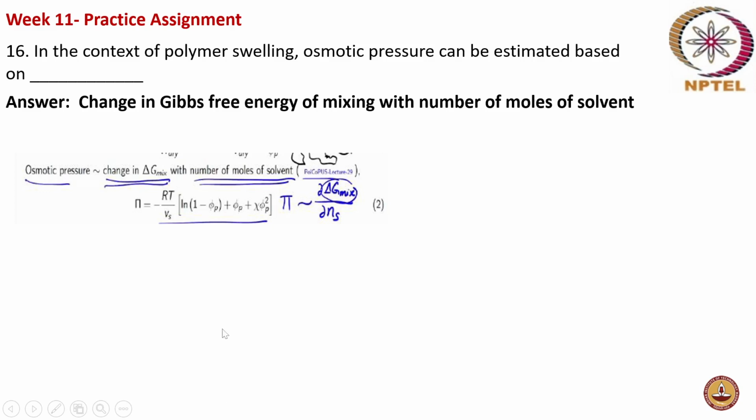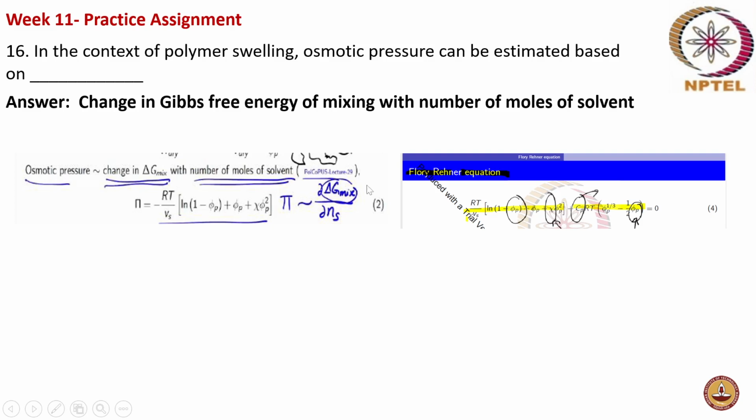So the osmotic pressure is given by the change in delta G of mixing with number of moles. This is based on the Flory-Huggins theory. So pi is a function of dou delta G mix by dou n s. This is the expression for that.